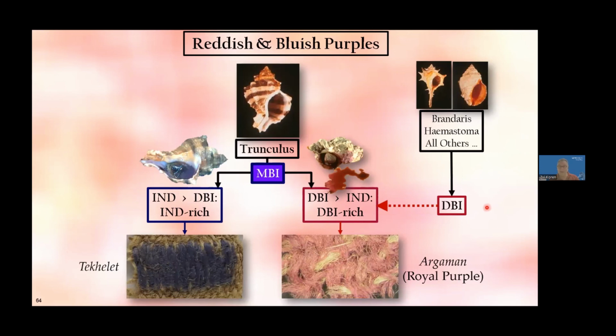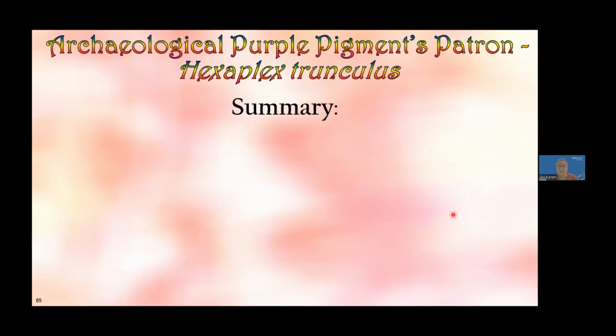Okay, and now what about the other snails? The research that Christopher Hecken and I did showed that the hemastoma and the brandaris, which we know were also used for purple dyeing, were used as color additives. For example, the trunculus already gives you reddish purple, but if you wanted an even redder purple than the trunculus can give you, then we saw that you can have either brandaris or hemastoma added to it as color additives.